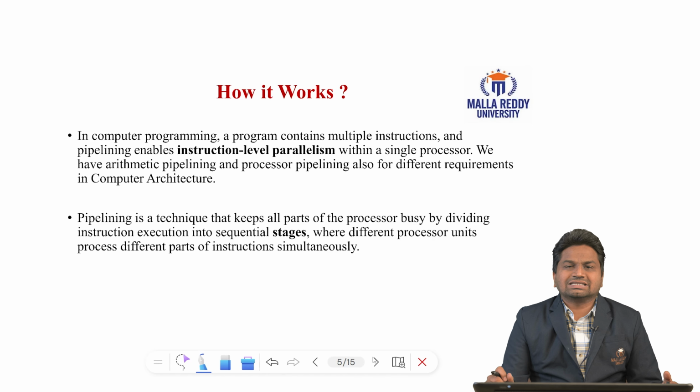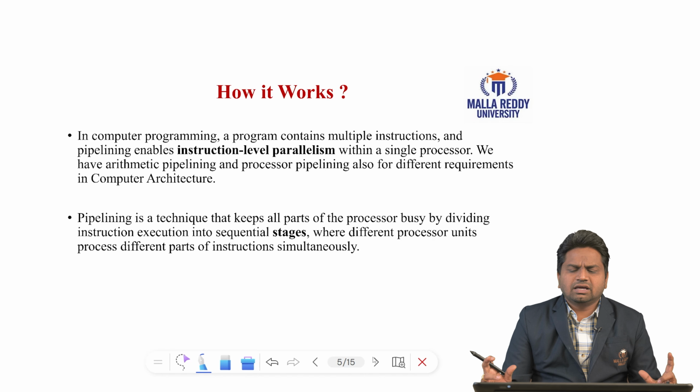That is what we call the sequential manner of executing instructions. The next level approach is parallelism, the parallel computing approach, which we call the instruction pipelining process. With the help of the instruction pipeline, we execute multiple instructions in a single unit of time. This is entirely happening in computer architecture.